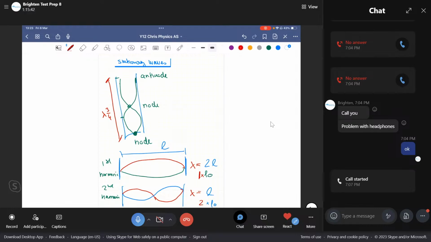With strings, no? Oh, the wavelength is 2/3. Yeah, exactly.